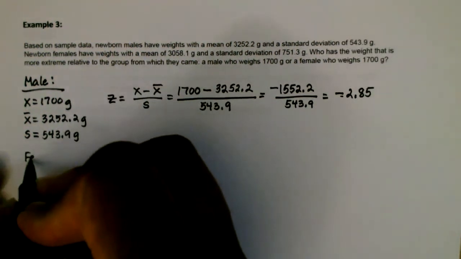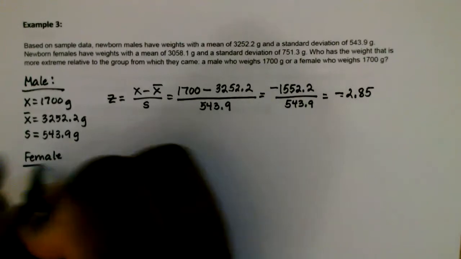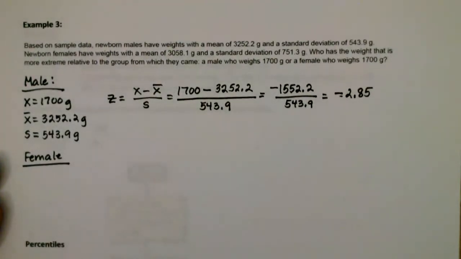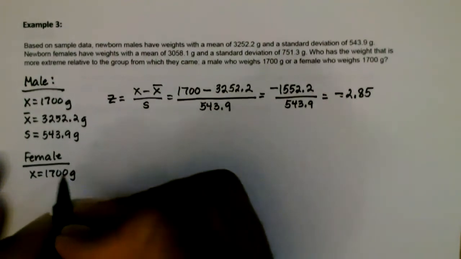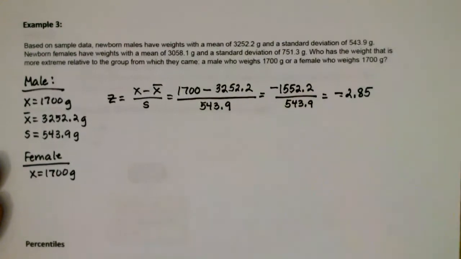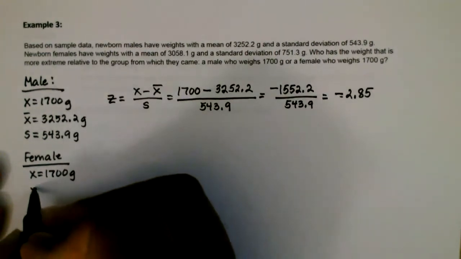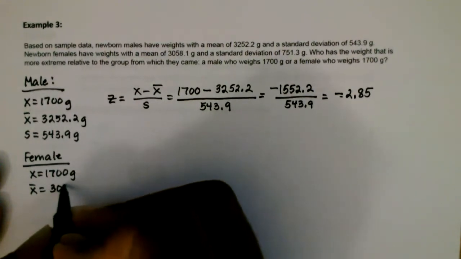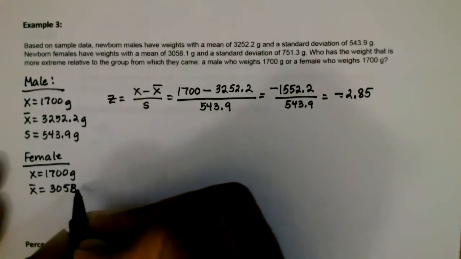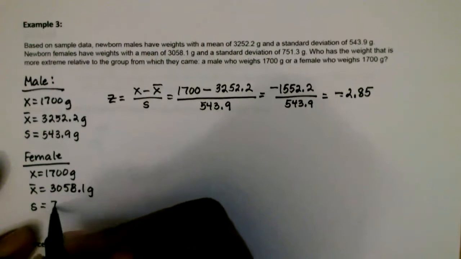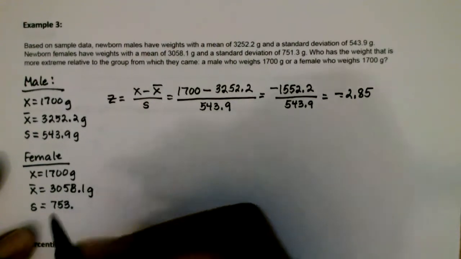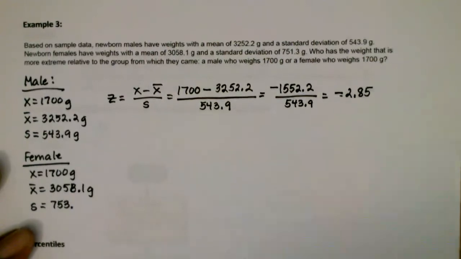And now for the female. A female has the weight of 1,700 grams, that's given to us in the problem. Newborn females have weights with a mean of 3,058.1 grams, so that's your x bar, and a standard deviation of 751.3 grams.